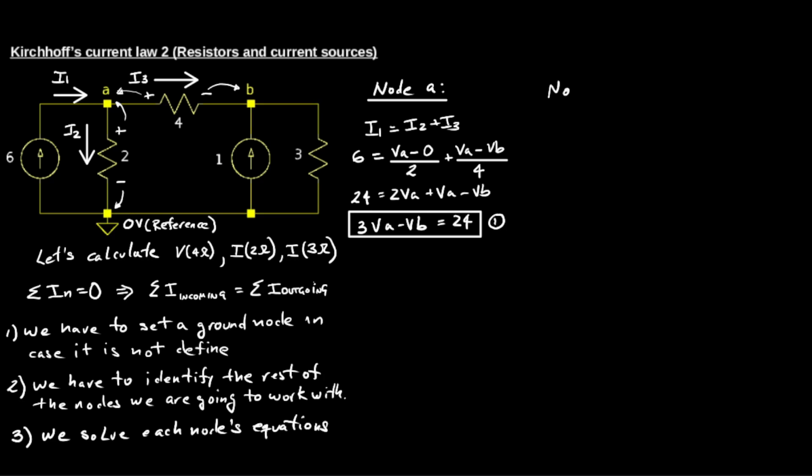So the current I2 equals VA minus 0 divided by the resistance of the 2 ohm resistor, which is 2.